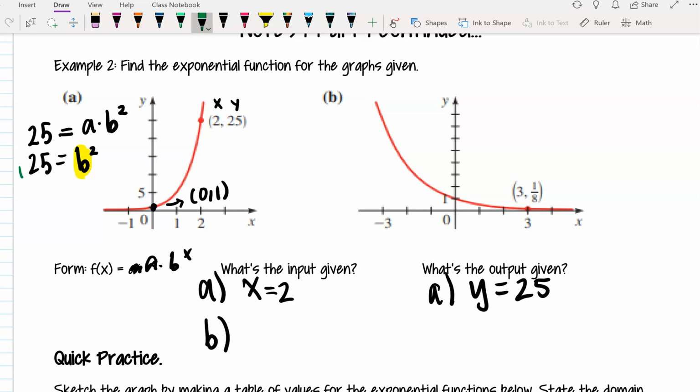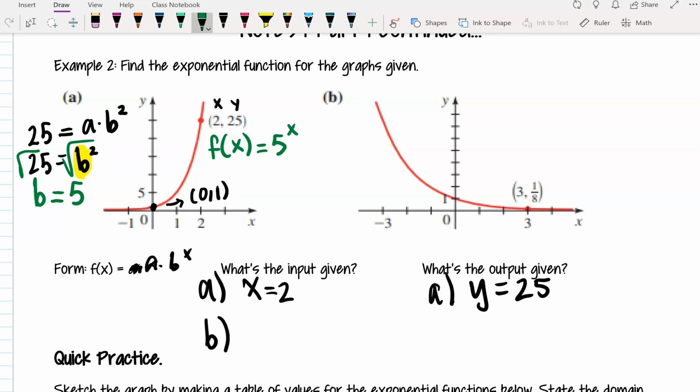Well, if you're squaring something, you can take the square root. Okay, so b equals 5, which means that our equation for this line should be f of x equals a, which is 1 here. Our base is going to be 5 because that's b, and then you're going to write x up in the corner just like that.